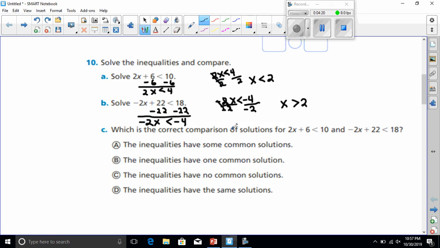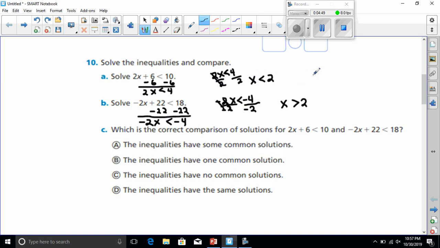Okay? We can move on now to part C, which is the correct comparison of the solutions: 2x plus 6 is less than 10, and negative 2x plus 22 is less than 18. It says, which is the correct comparison? The inequalities have some common solutions. The inequalities have one common solution. The inequalities have no common solution.